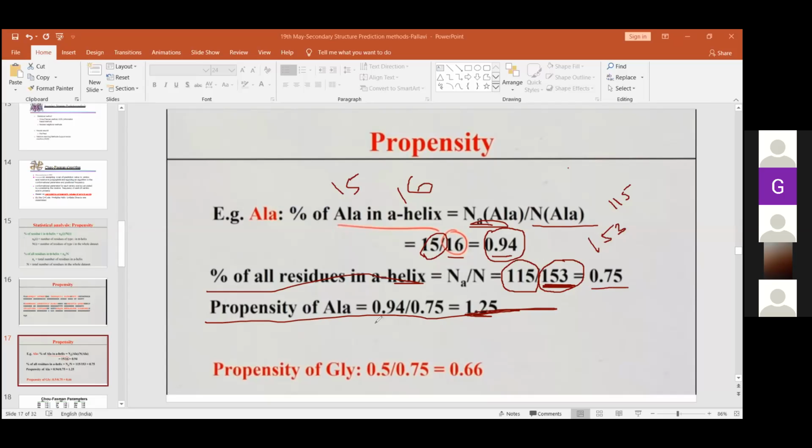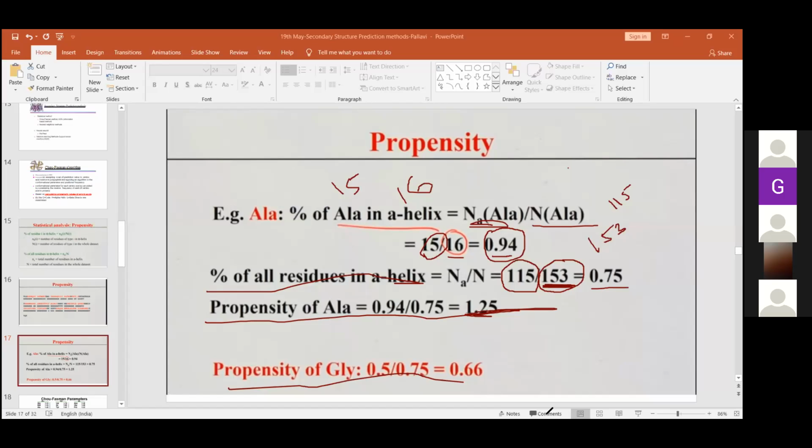So the propensity of alanine to be in alpha helical form is 0.94 divided by 0.75, which comes out to be 1.25. Similarly, the propensity of glycine to be in alpha helical form was calculated. They saw how many glycine are in alpha helical form divided by the total number of glycine. In the denominator, they used the total number of residues.